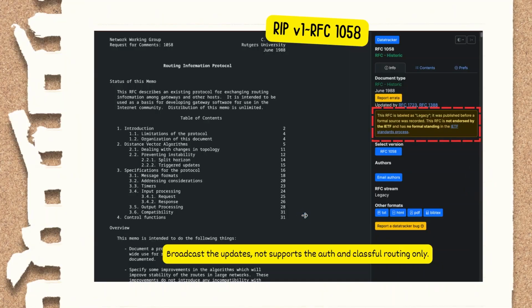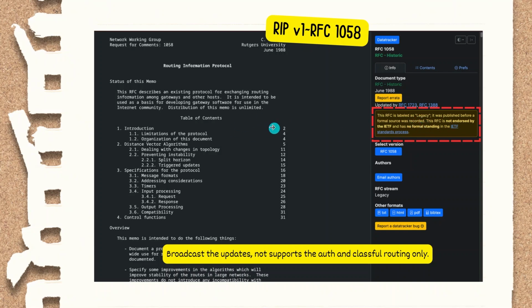The first, RIP version 1, was published as a part of RFC 1058, but this RFC was not a legacy, because it was published before the IETF was formed.